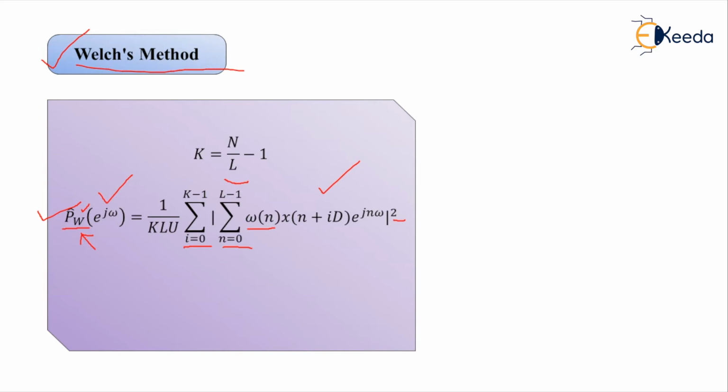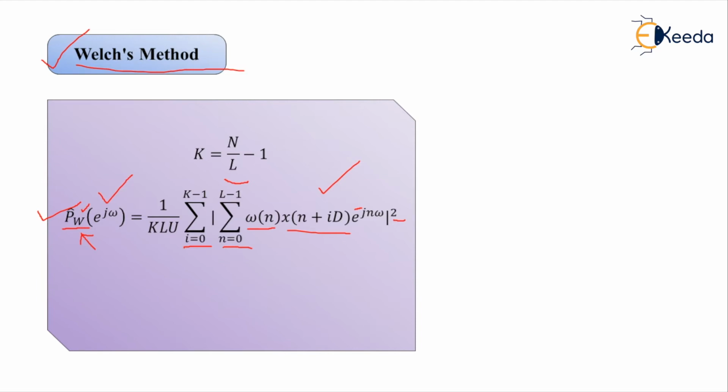So W of n is applied to x of n plus I times d, where d is the offset point as discussed, and we have the multiplication by the exponential e to the power minus j n omega. So this is the representation in terms of the random process x of n.